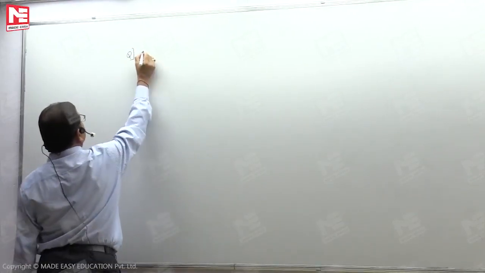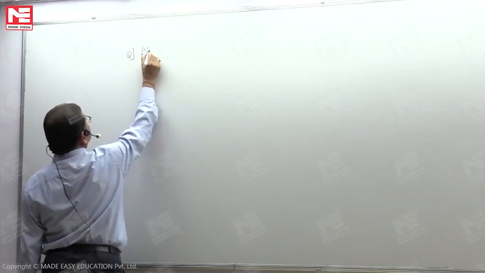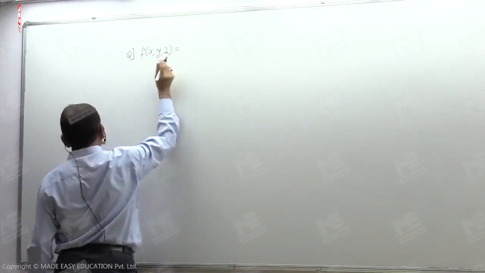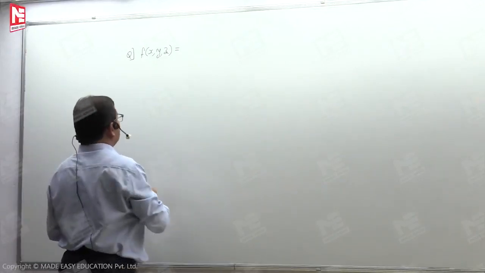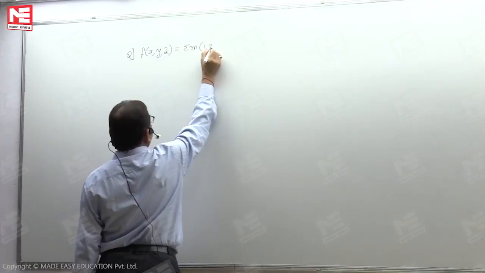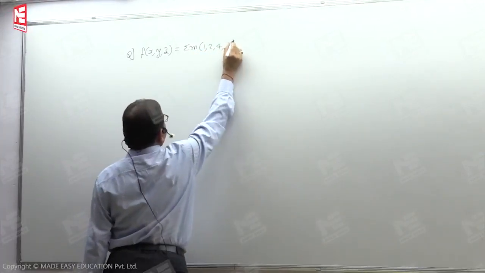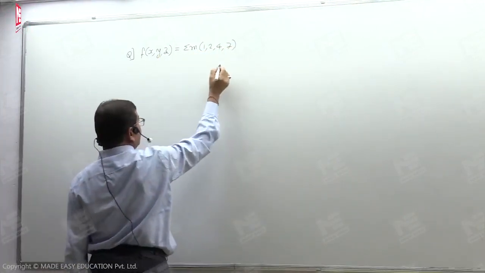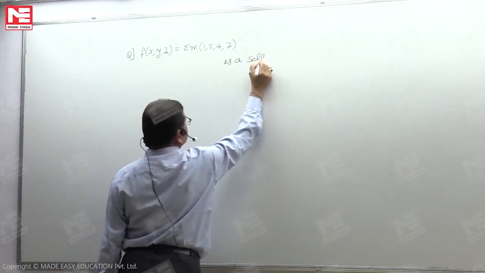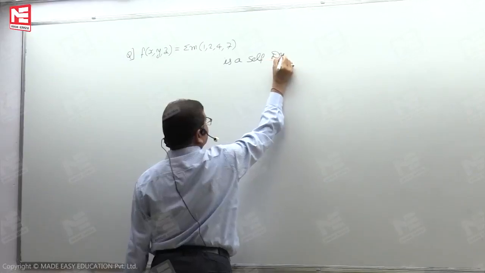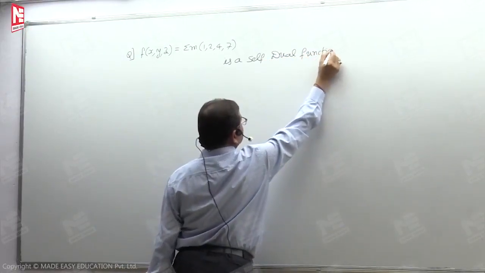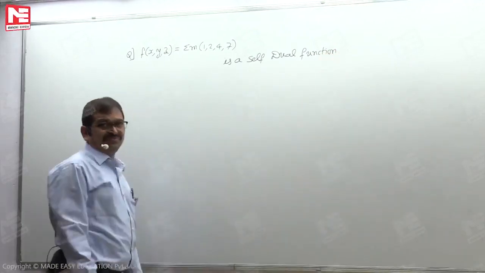Note down. Identify whether the given Boolean function is a self-dual function.